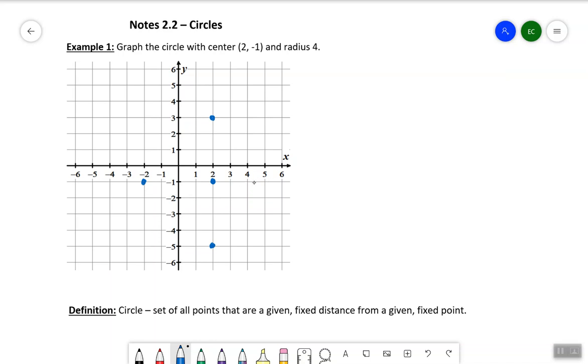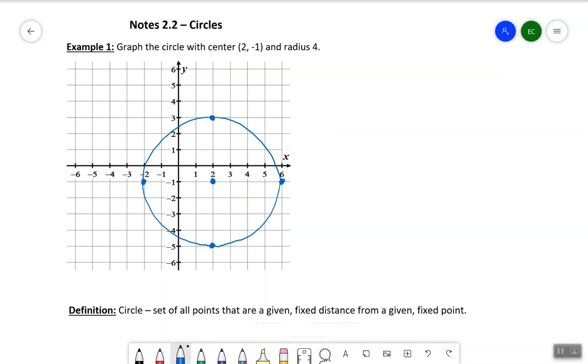And so then we have 4 points that are on the graph, and we can just draw a nice smooth circle through those points. Okay, so there's our circle.